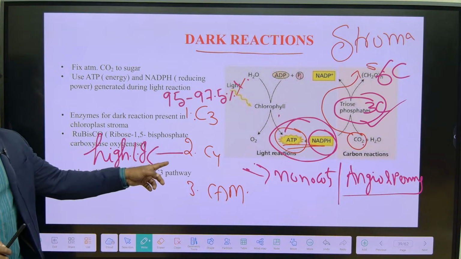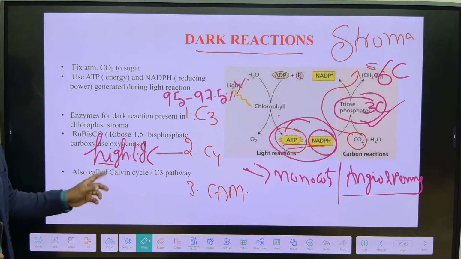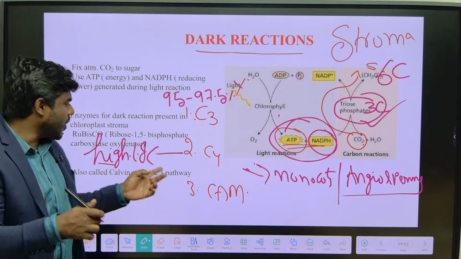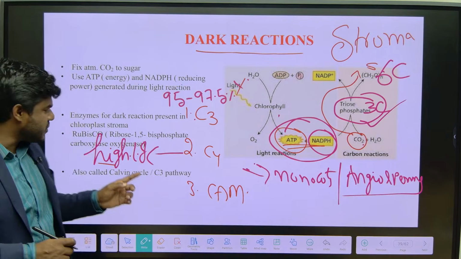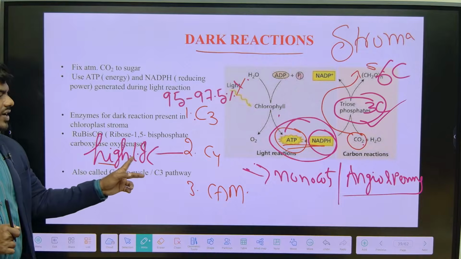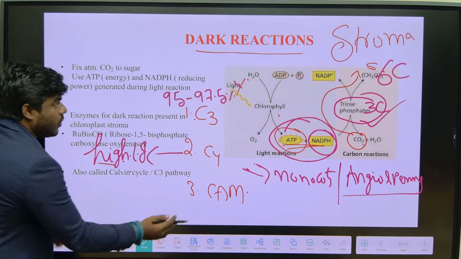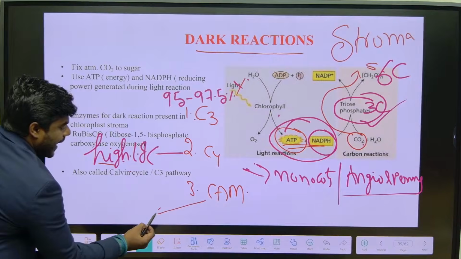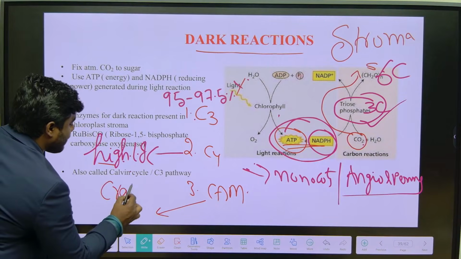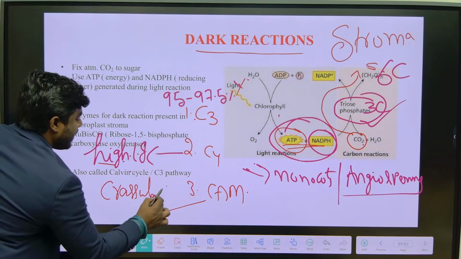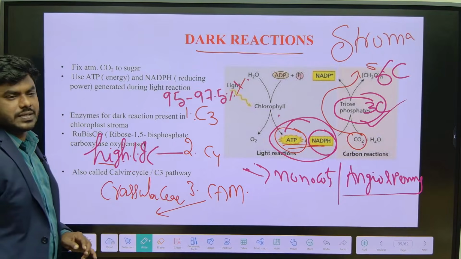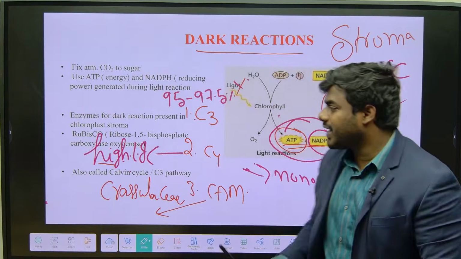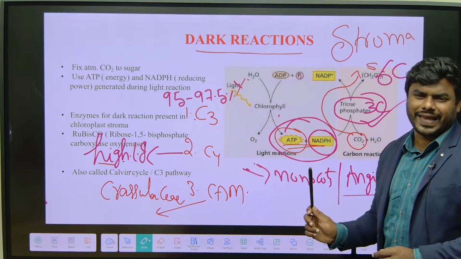So remember the plants living in high light intensity or high temperature. I am not using the word desert temperature, just high light intensity and high temperature. Whereas you already know the CAM plants belong to a family called Crassulaceae, nothing but desert plants. So there are 3 different types of plants: C3, C4 and CAM.